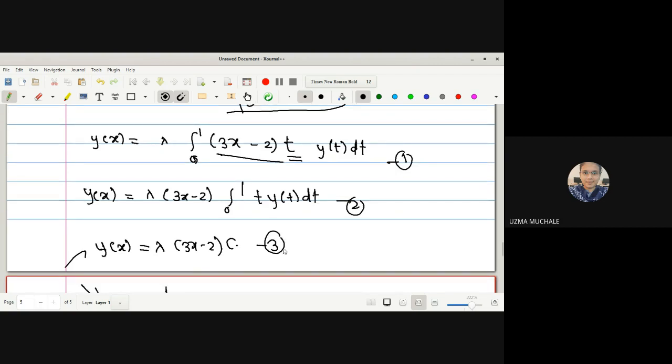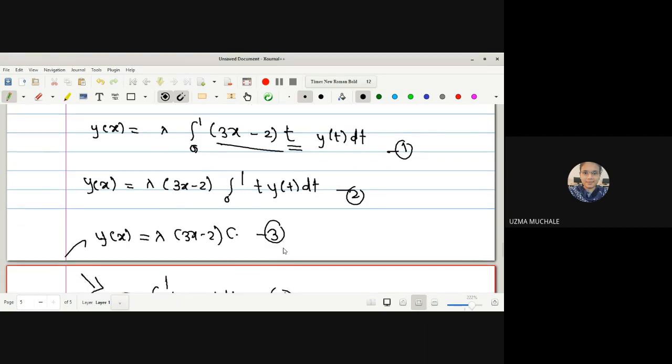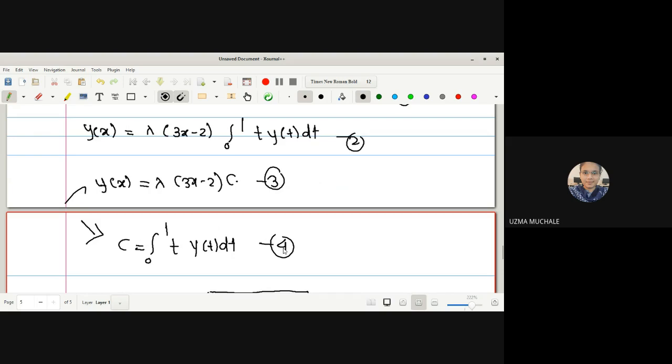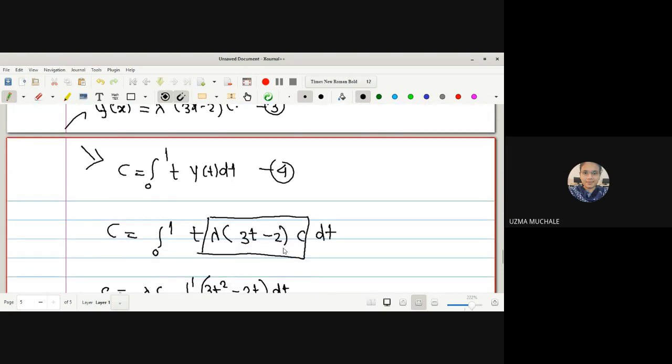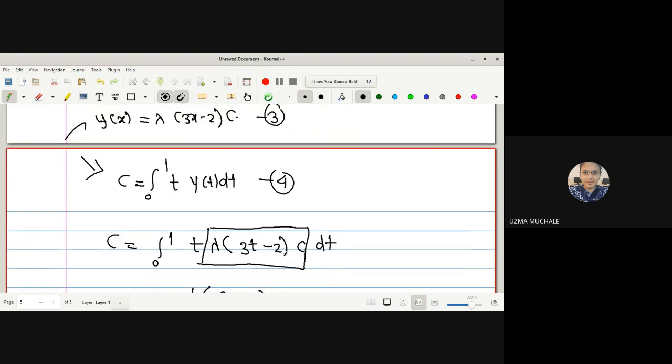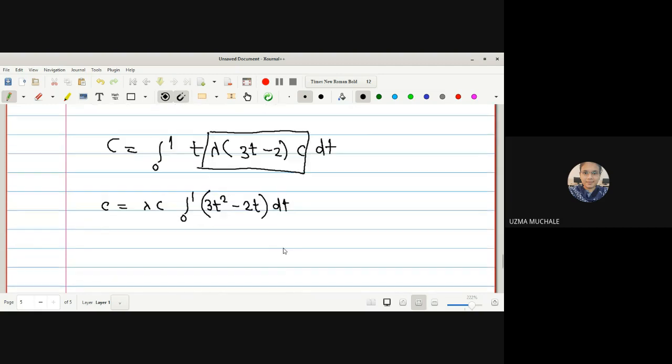In the next step, the integration is within the limits 0 to 1, so you will get some constant that we have renamed as c. Then after writing the value of c, use equation 3 in terms of t in equation 4, and substitute the value of y of t.